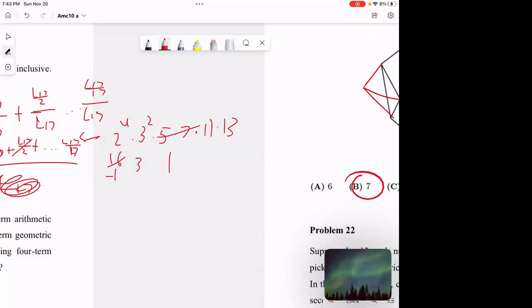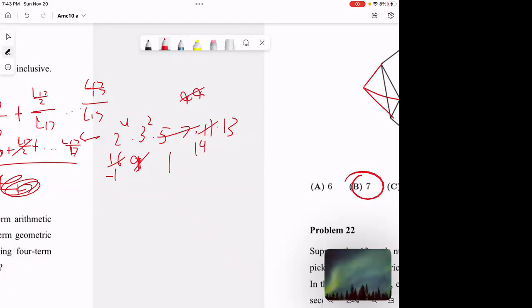Let's try this a different way then. Oh, this is 9. 9 times 11, 99. 17 times 5, 85. So 99 minus 85, that's 14.